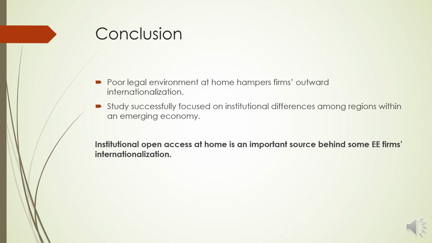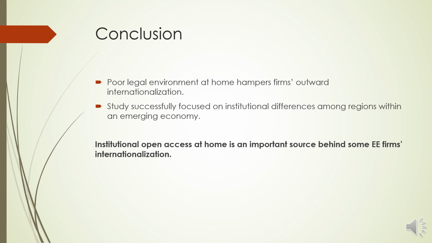By understanding the results of the hypothesis test, it is now proved that a poor legal environment at home actually hampers firms' outward internationalization. So these findings support the argument that institutional weakness in emerging economies may hurt firms' competitive advantage. The second observation is that large emerging economies such as BRIC nations, Brazil, Russia, India, and China, have tremendous institutional heterogeneity among regions within each country.